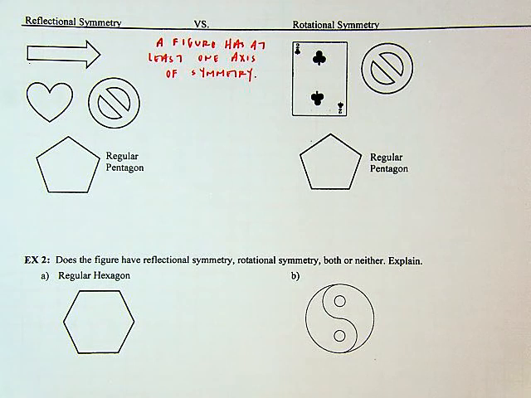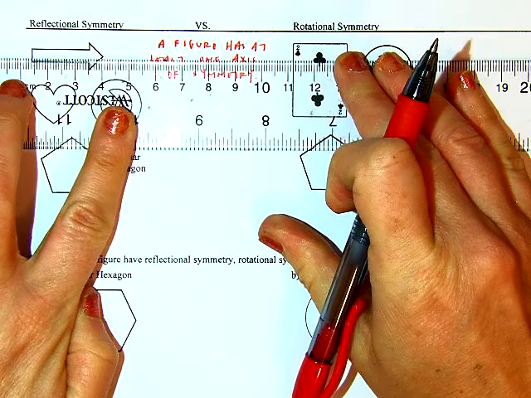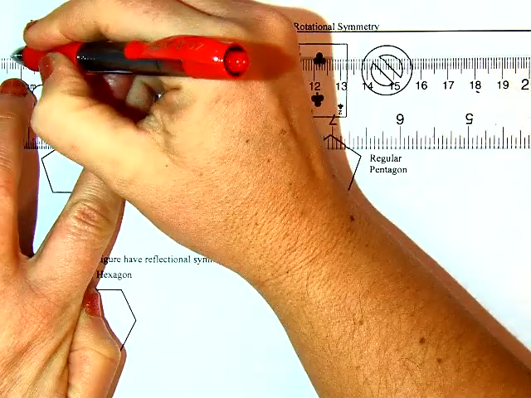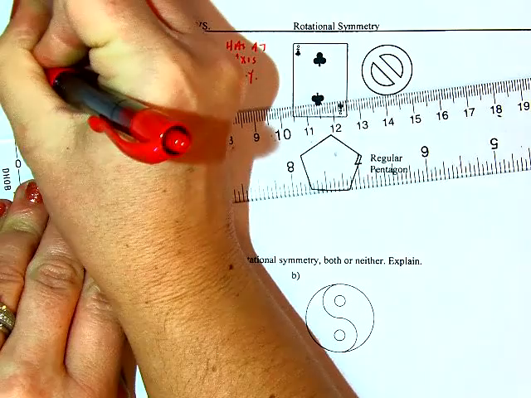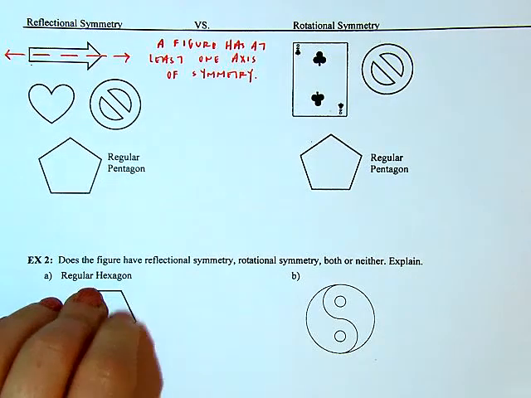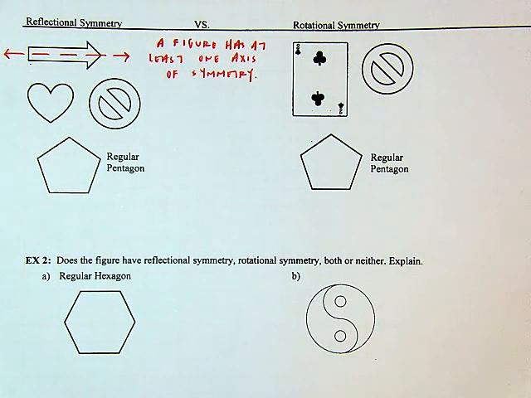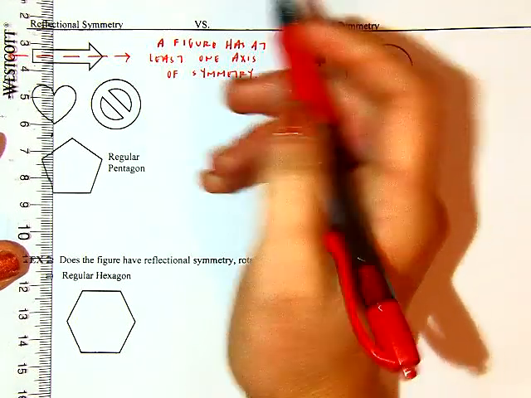If I'm looking for my line of symmetry, I should see that it's this nice horizontal pathway right here. Your line of symmetry is really a mirror line, so that the figure can reflect over that mirror line and map onto itself. Okay, the heart has a vertical axis of symmetry, right here.